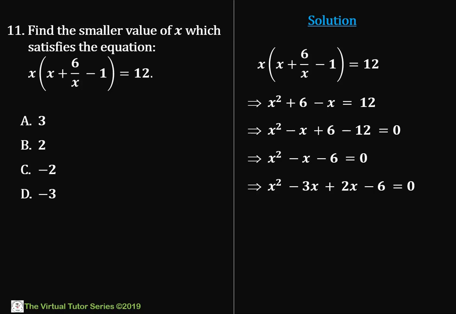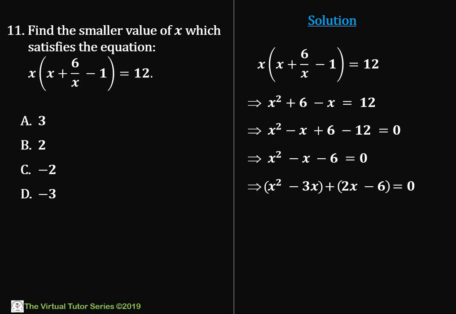We now put the first two and last two terms in brackets and factorize them separately. The common factor of x squared and negative 3x is x. So the first two terms factorize into x into bracket x − 3. Furthermore, the common factor of 2x and negative 6 is 2.